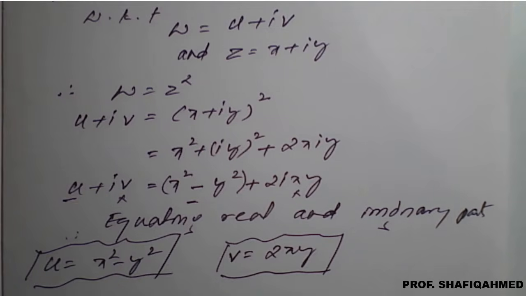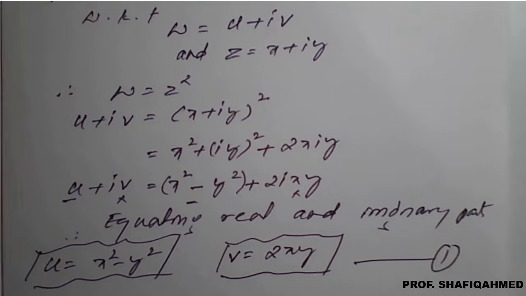So we got the u value and v value. I will name this set as equation 1.